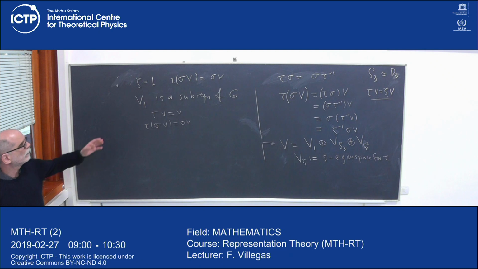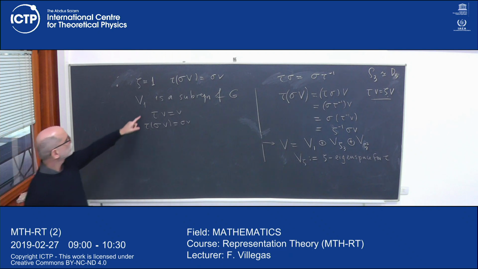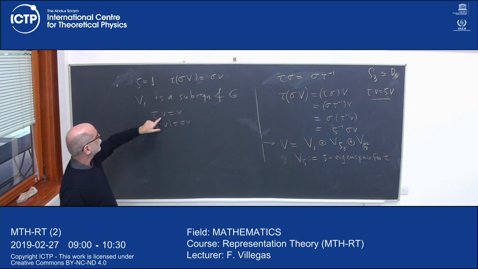Every vector in V1 is taken to V1 both by tau and by sigma. And since tau and sigma generate the group, any element of the group will do that. So if I start with a vector that is fixed by tau, then by definition tau completely fixes it, so in particular it stays inside the space.